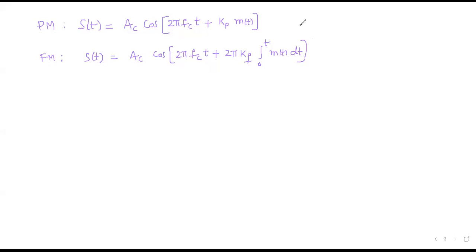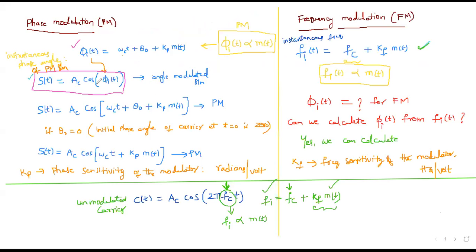The first one, the phase modulation, is actually a straightforward thing, which means we directly define the instantaneous phase angle. For an unmodulated carrier, the phase angle is directly omega c t plus theta naught. But this is for the unmodulated case.